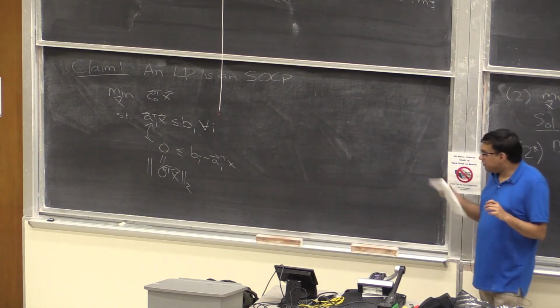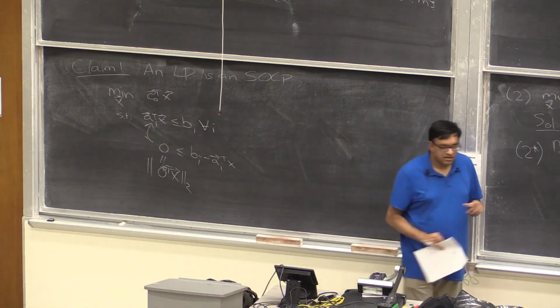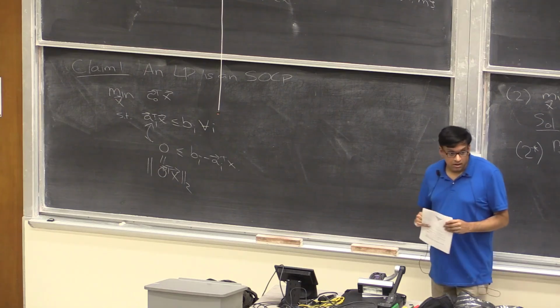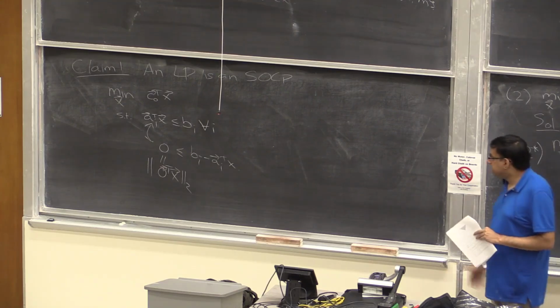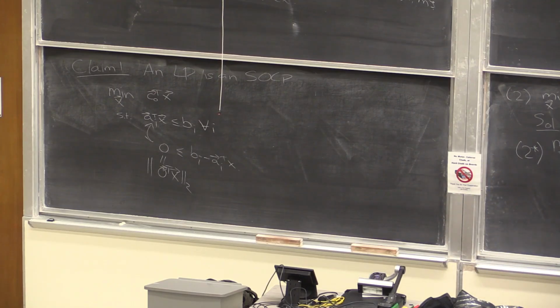But 0 is the norm of an affine function of x. And so these constraints are immediately second-order cone constraints. So that's LPs. Again, the objective is a linear function of x, so this problem now has a linear objective and second-order cone constraints, so it's an SOCP.